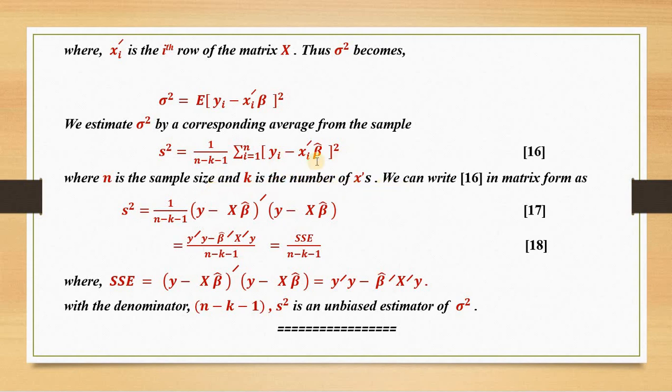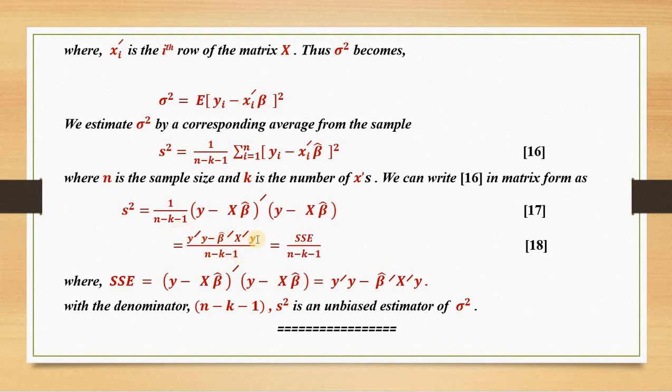We can write this term in matrix form as 1 by (n minus k minus 1) times (y minus X beta cap) prime (y minus X beta cap). After simplification of this term, we have (y prime y minus beta cap prime X prime y) divided by (n minus k minus 1).